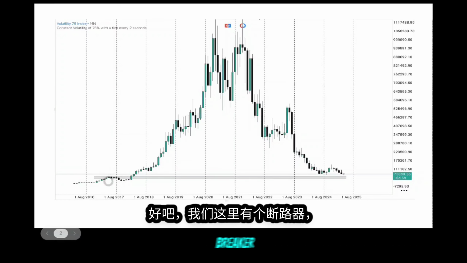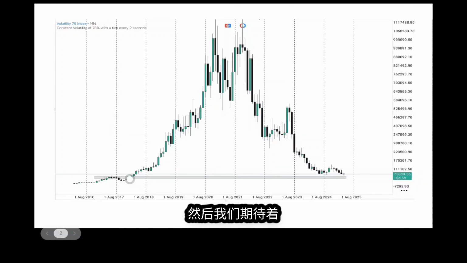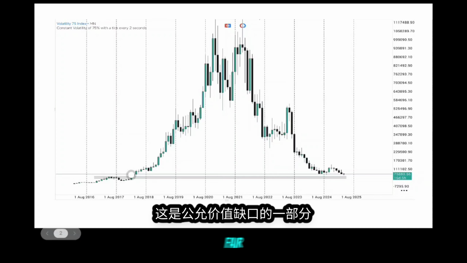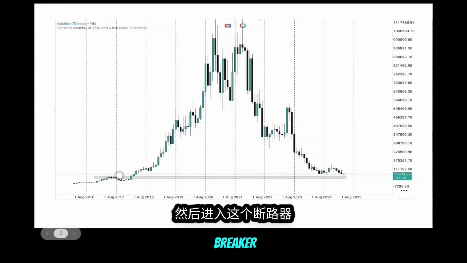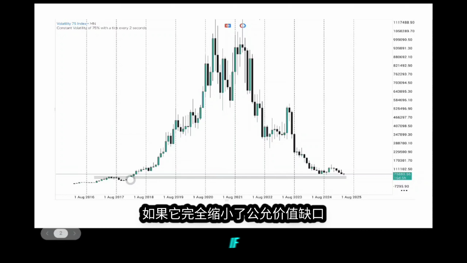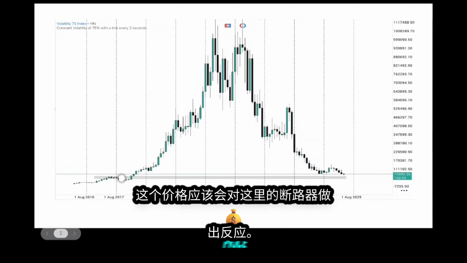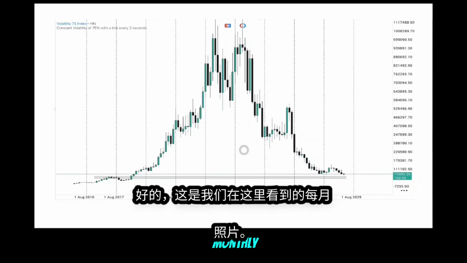So we have a breaker right in here, and we are expecting that price will trade directly into this area of interest, which is into this fair value gap and then into this breaker, and then ultimately we want to see a reversal happening right into this area if it fully closes in on this fair value gap or partially closes in, because we are expecting that price should react to the breaker right in here. So this is the monthly picture we can see happening in here.